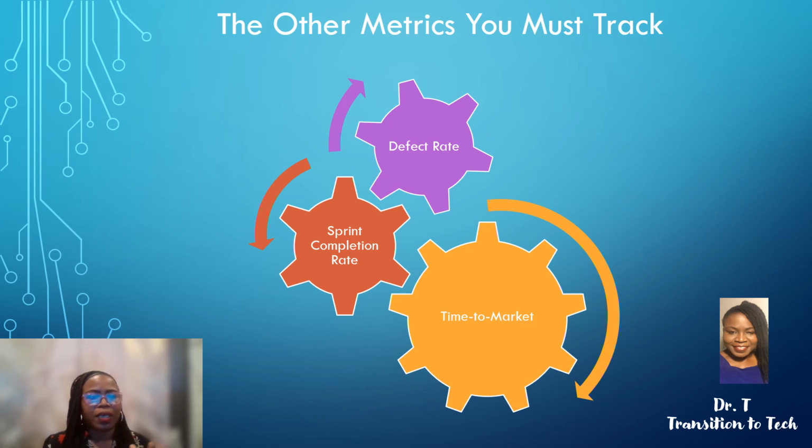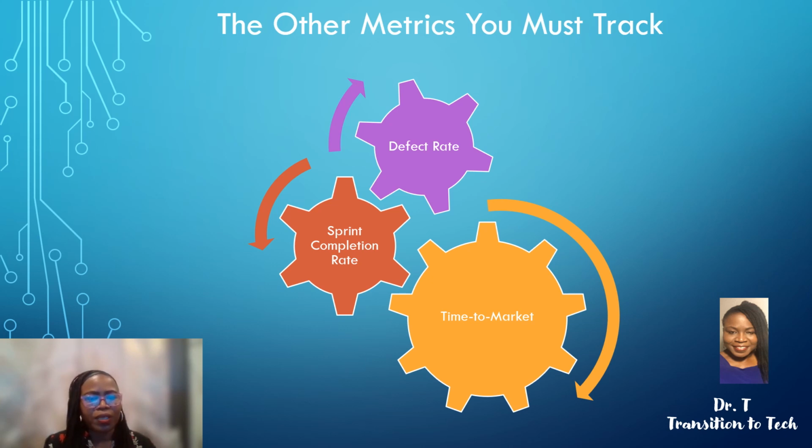Now, when delivering from an agile perspective and using the Scrum framework, there are a set of metrics that the Scrum Master must be aware of that the team is being measured against. We have velocity, and that's the measure of probability based on the user story count for the sprint and for the epics and the product backlog.